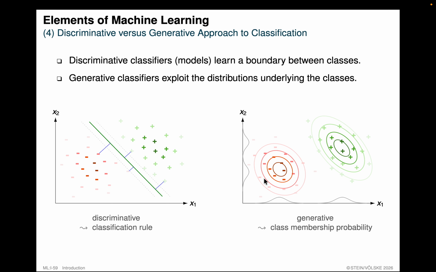For a generative classifier, the situation looks different. Here, we rather think of the positive and the negative examples as drawn from two different distributions, probability distributions. And some examples are closer to the expectation of that probability distribution, others are further away. Same for the negative examples.